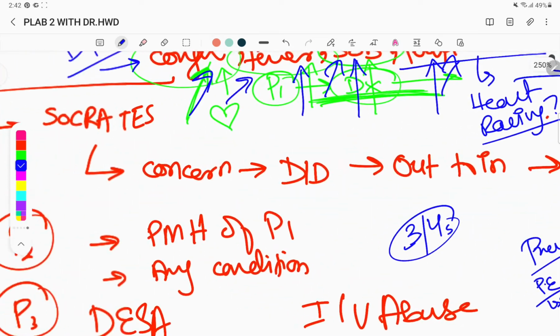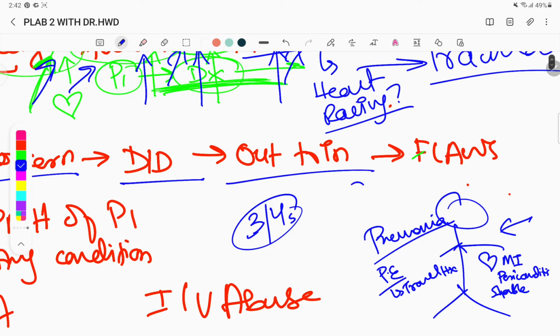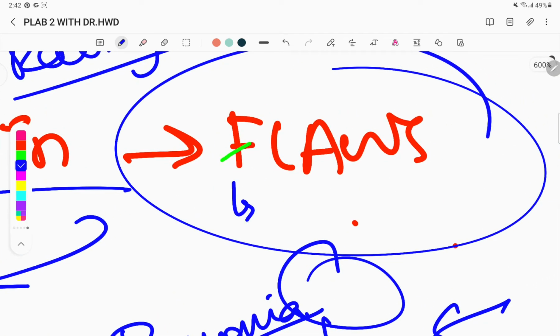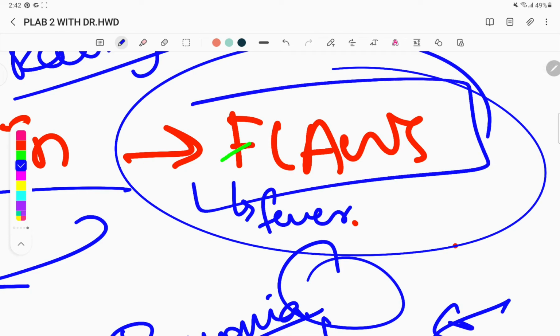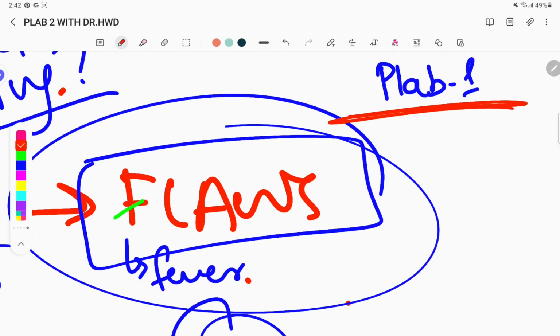After that, in all the scenarios, out of these 3 to 4 DDs, go for FLAWS, which is very important. Fever. Because the GMC or NHS is trying to see that you've done your PLAB 1. The second thing we're doing right now is PLAB 2.